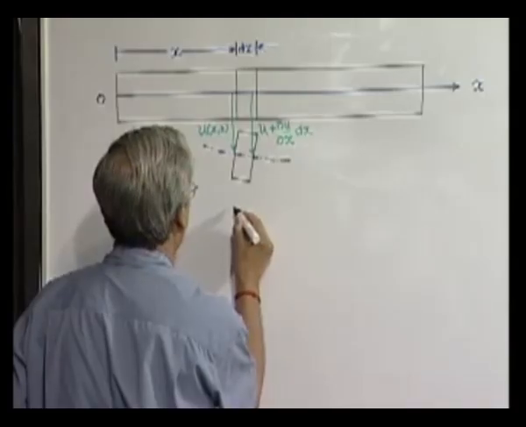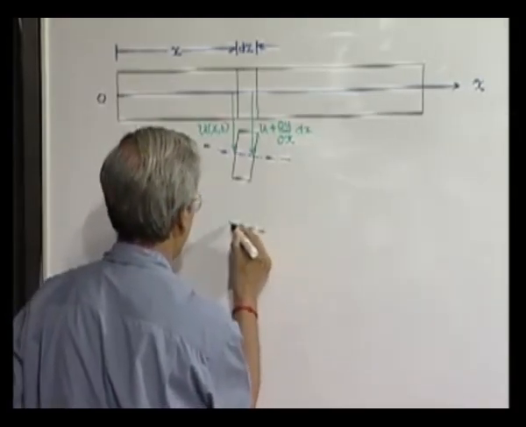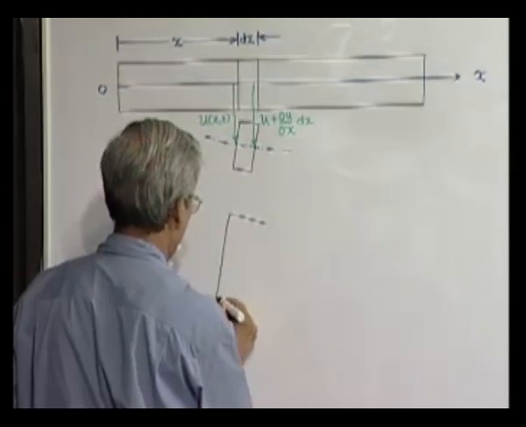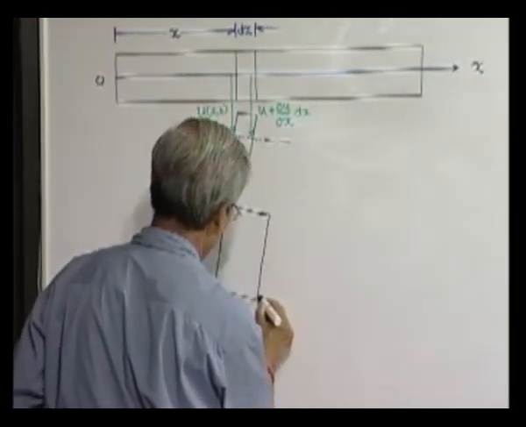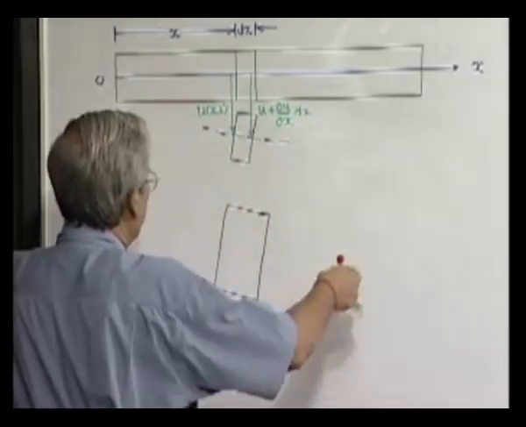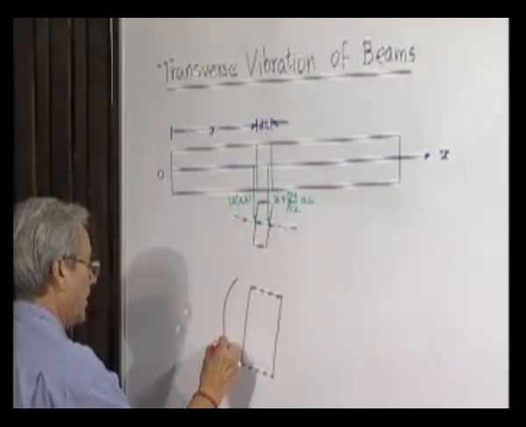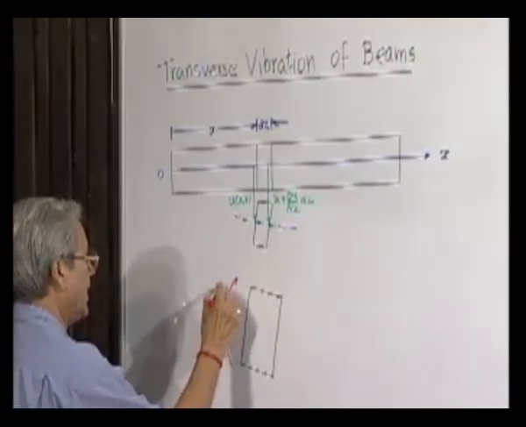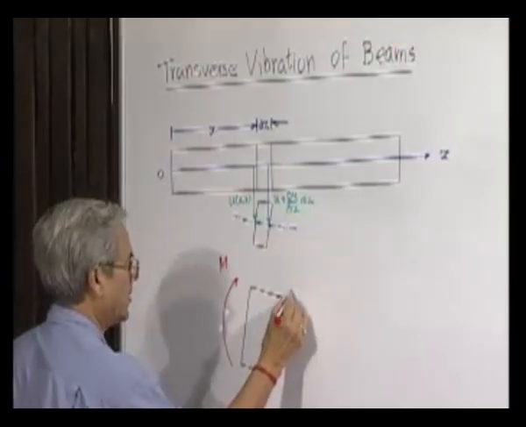Now if we consider the free body diagram of this element, the two ends: when a beam bends like this, the moment acting here will be M, the bending moment, this is not twisting moment.